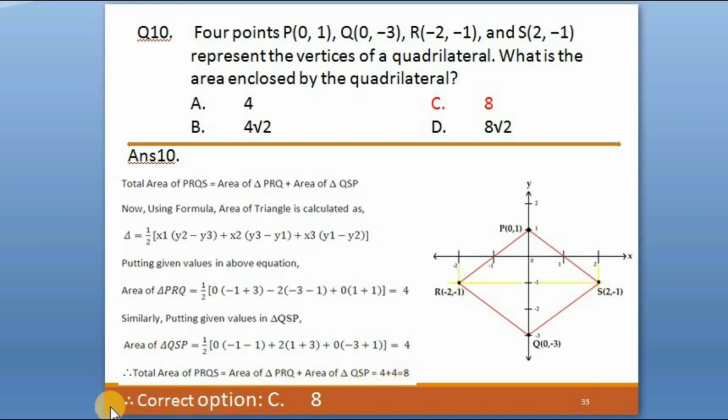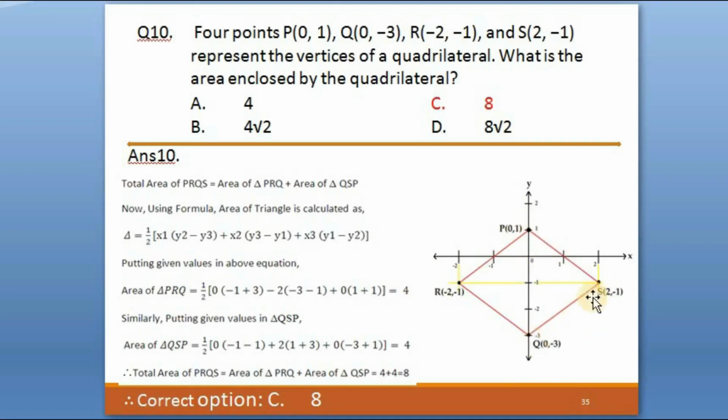Now in this question, one important thing is that whenever we are calculating the area of triangles using this coordinate approach, we have to maintain the sequence in which we take the coordinates. Since we took the first triangle anti-clockwise, that is PRQ, similarly in the second triangle we have to follow the anti-clockwise pattern, QSP, right?